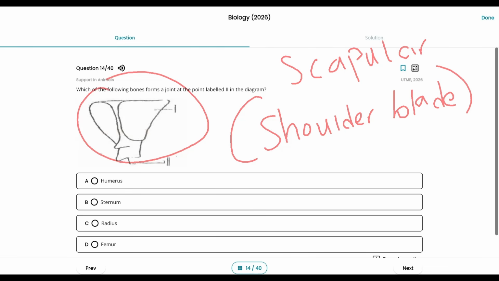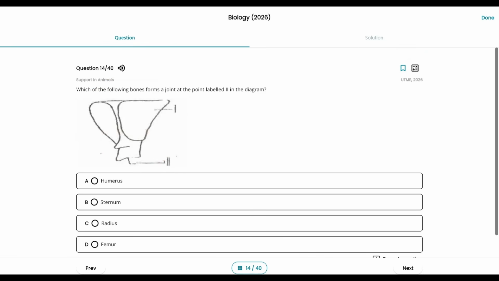The glenoid cavity of the scapula forms a joint with the head of the humerus. If you look at this place, where it's coming from is actually a point.